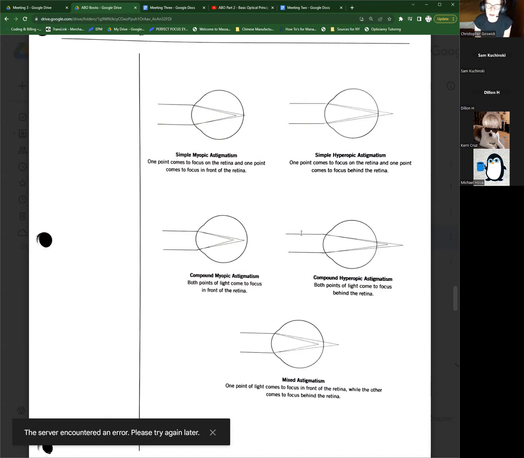But when you're actually given a problem, it can be a little bit confusing. So one of the things that will definitely appear on the test, and is just in general an interesting thing to know, is how astigmatism comes into play.